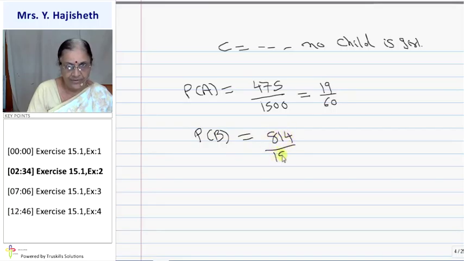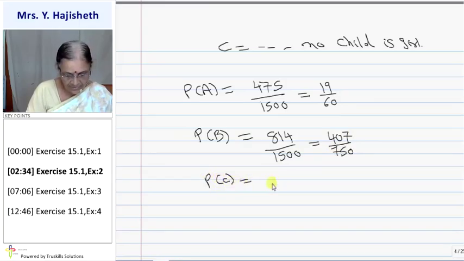Total are 1500. So after cancellation it will be 407 by 750. And P(C) is how many families having no girl child? 211. So it is 211 upon 1500.